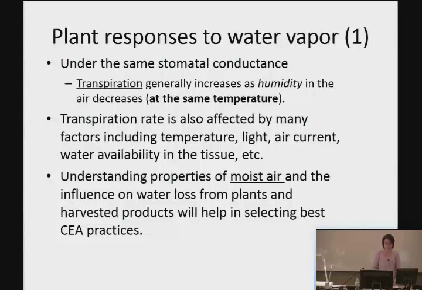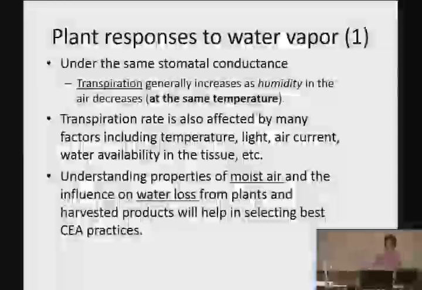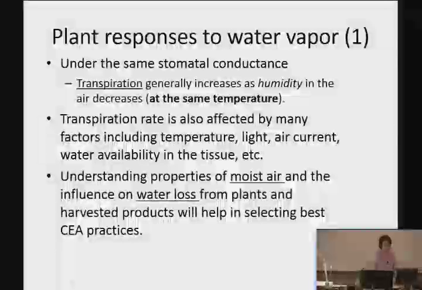When humidity is low, then transpiration increases, when stomata are open. When stomata are closed, it doesn't affect. But when stomata are open, declining humidity causes an increasing transpiration rate, because it's the driving force between the cavity and the air. Transpiration rate is also affected by a bunch of different factors.